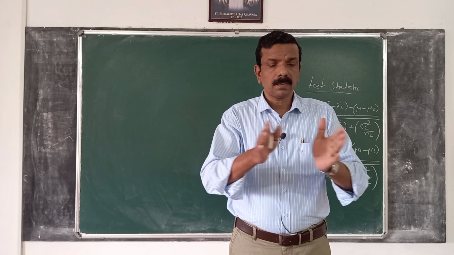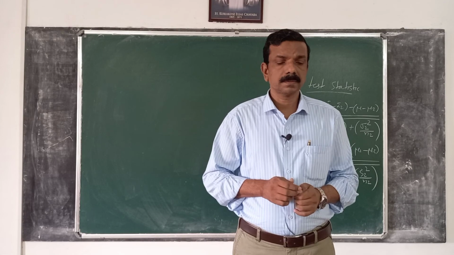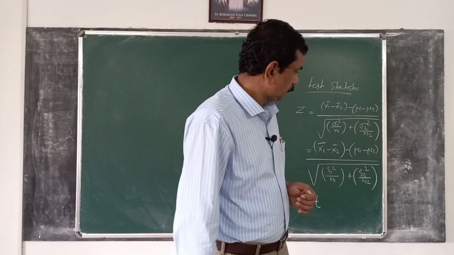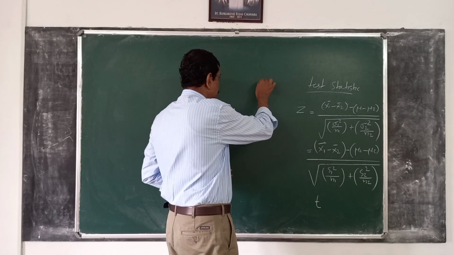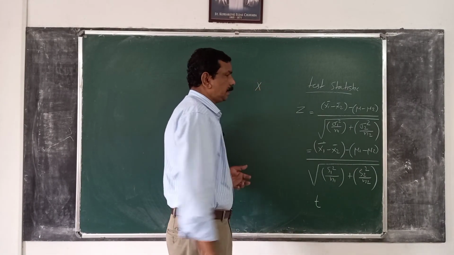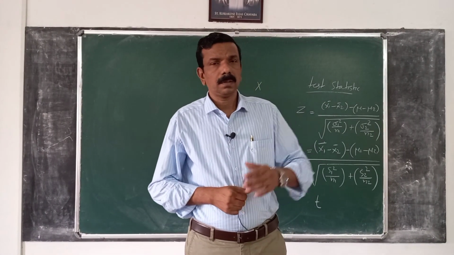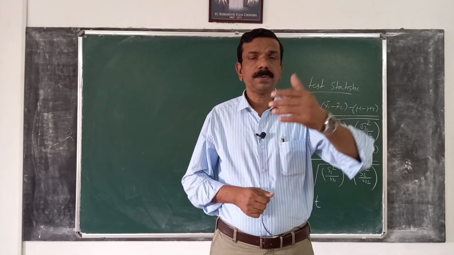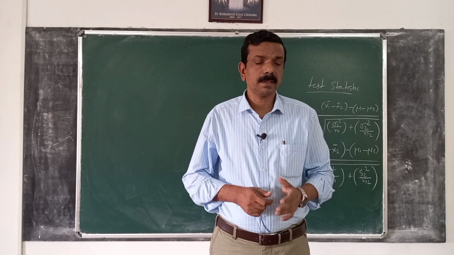We have what is known as non-pooled t statistics. To explain this, suppose that x is a normally distributed variable on each of two populations. For example, x is salary from private and public institutions.